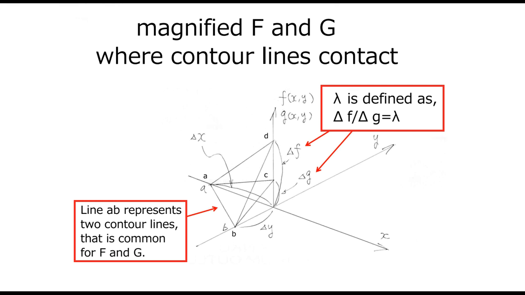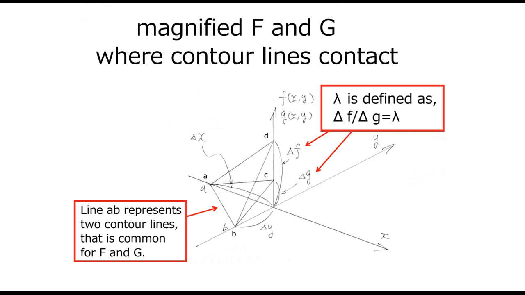In other words, if the inclination of f is lambda times that of g in the x direction, the inclination of f is also lambda times that of g in the y direction as well. So we can define lambda by the equation delta f divided by delta g equals lambda, where delta f and delta g are as shown in this figure.